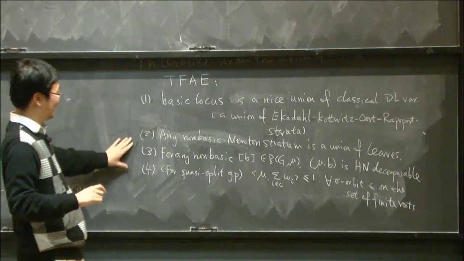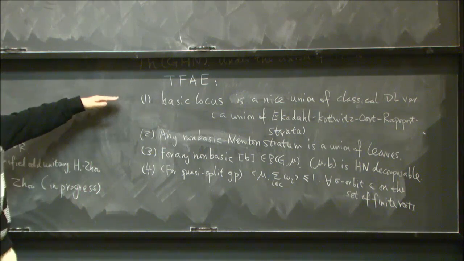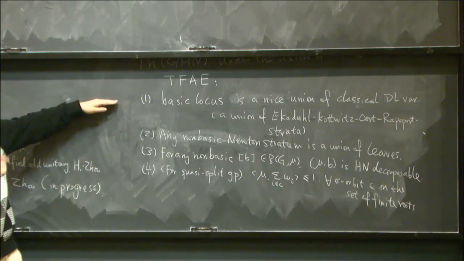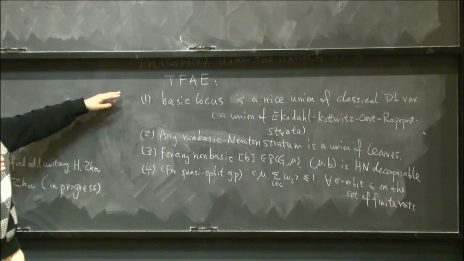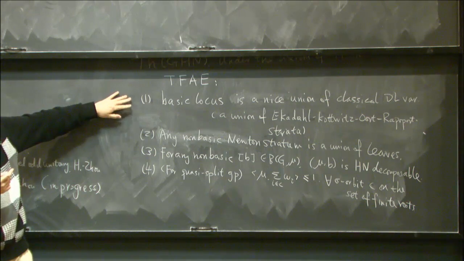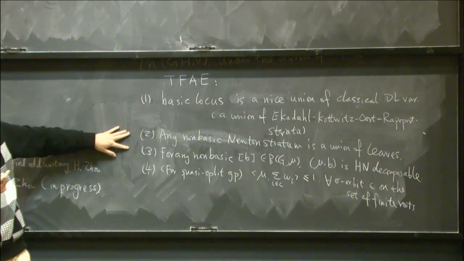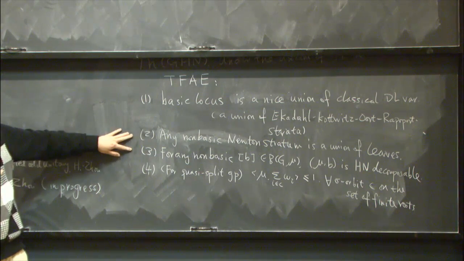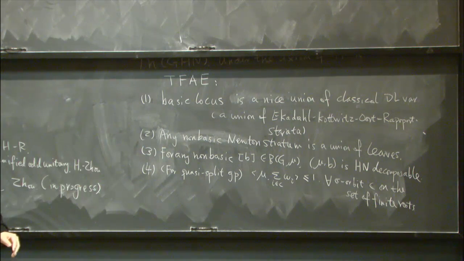So this is the question we start with, and finally we found that the one we're interested in is also equivalent to some other very nice properties on the Shimura varieties.